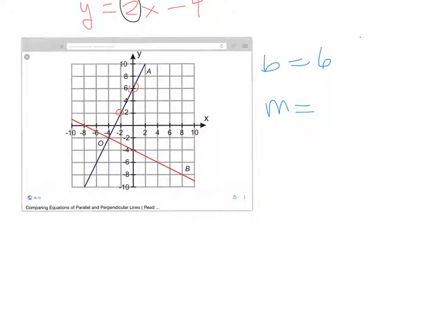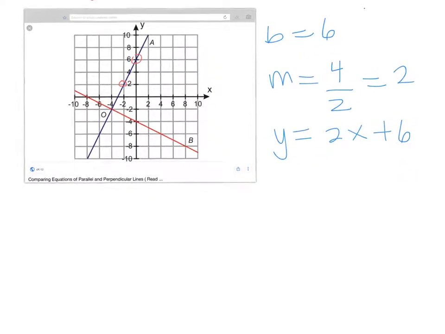So that's a change of positive 4. The change in x, we're going from an x value of negative 2 to 0. So that is a change in the positive direction of 2. Simplifying that, we get a slope of positive 2. So the equation for the blue line is y equals 2x plus 6.